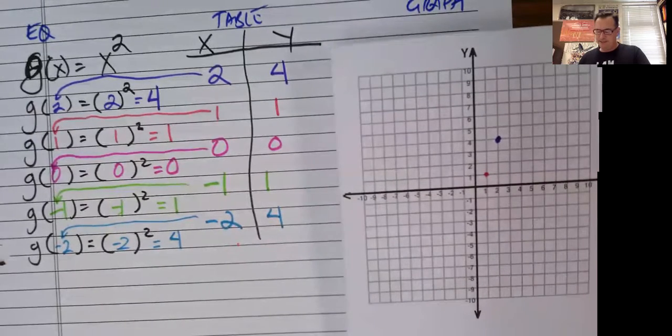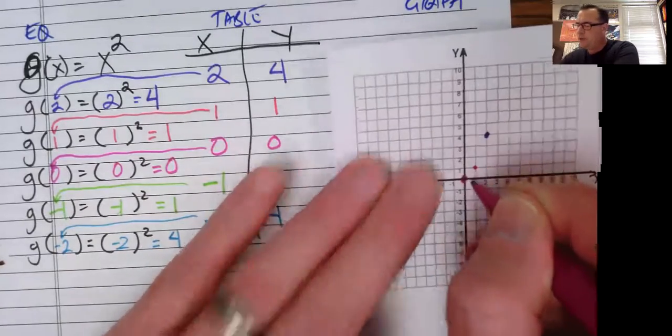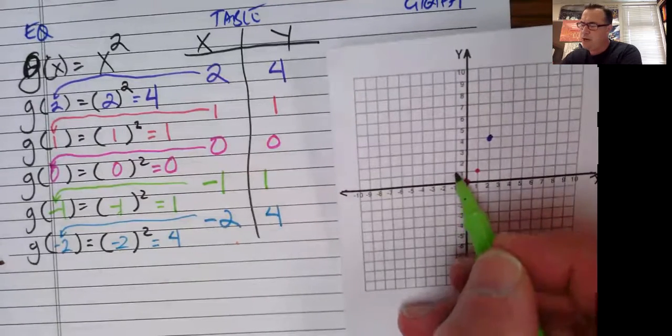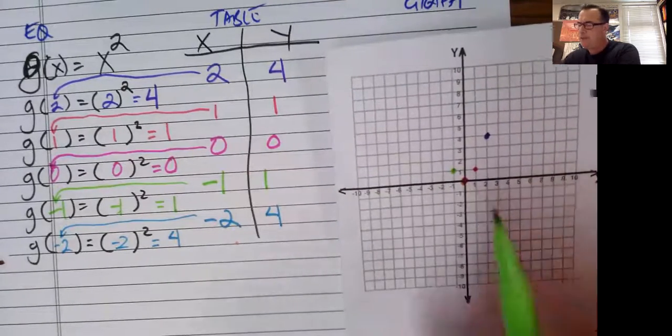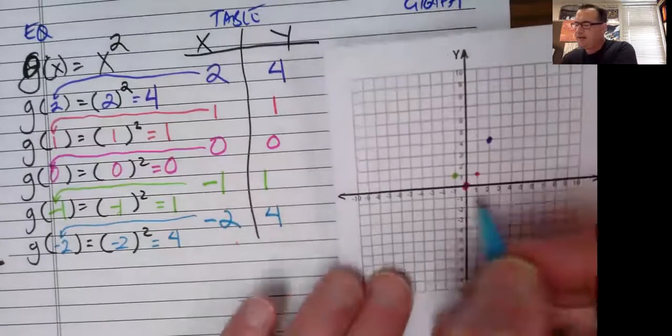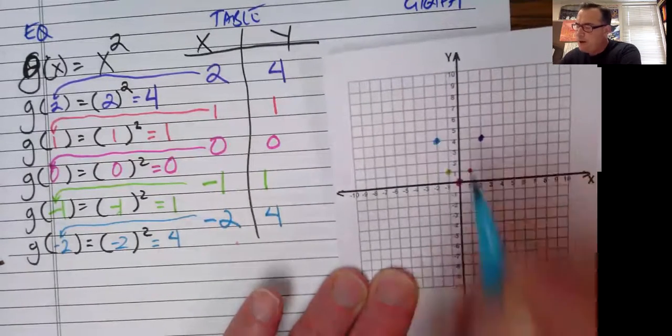Then I have 0, 0. Okay. It's right here. Then I have -1, +1. So I go left 1, up 1. And then I'm going to have -2, so left 2, and then up 4, like this.